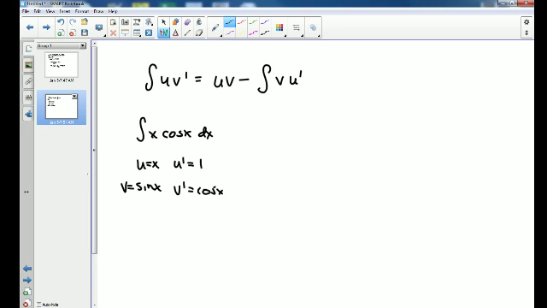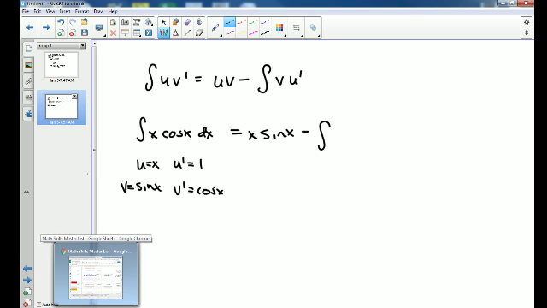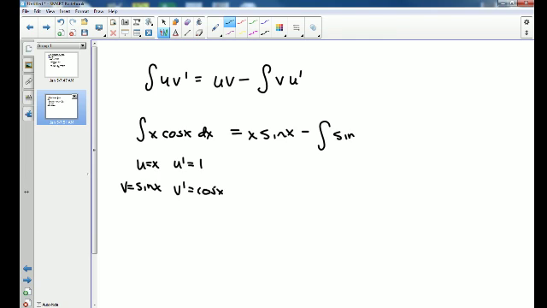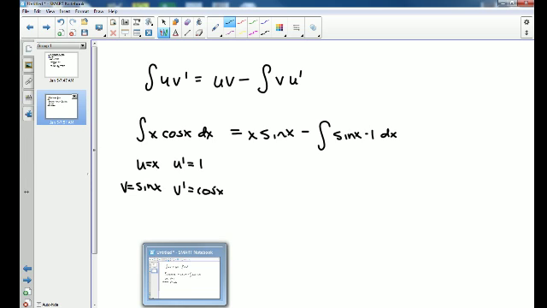So after I've chosen my u's and v's, I can now follow the formula. What's uv? x sine x minus the integral of v u prime. So we need sine x times 1 dx. When I write the formula, I don't write the dx's in there because it's easier to remember.